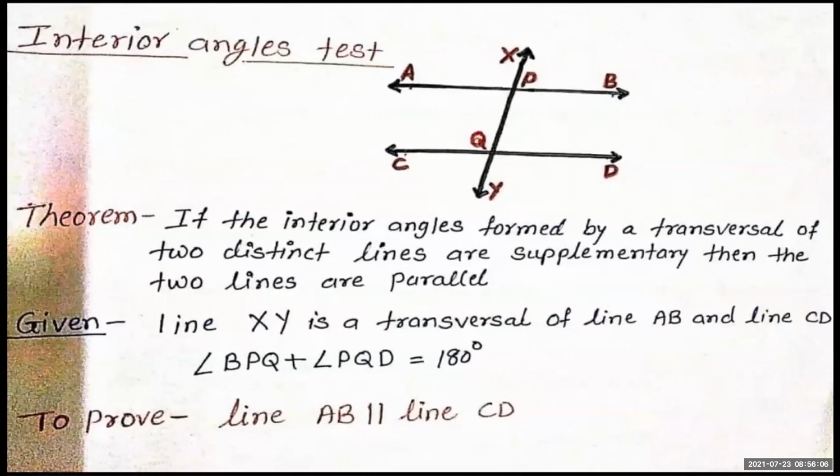So here, based on this statement, the given is that line XY, you can see here in the diagram, is a transversal of 2 lines, that is line AB and line CD.